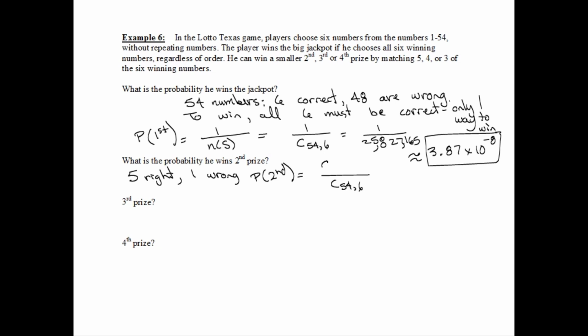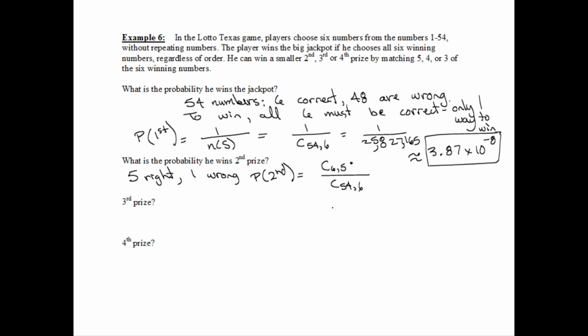How many ways are there to choose 5 correct numbers? Well, we have 6 numbers that are correct, so if we're going to take out of the 6, we're going to choose 5. So we get combination 6, 5, which would really be 6, because choosing 5 is the same as choosing the 1 left over, and there's 6 ways that can occur.